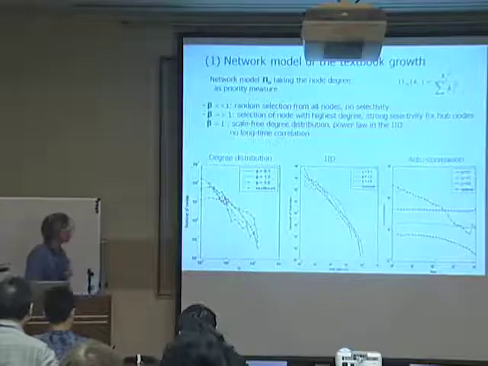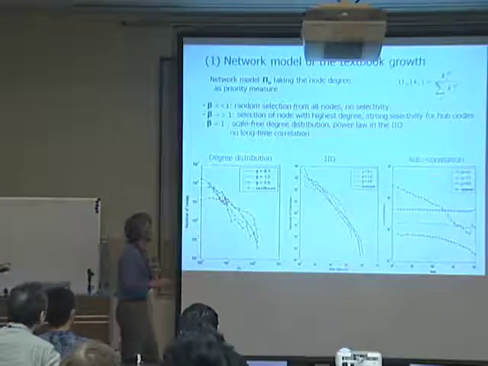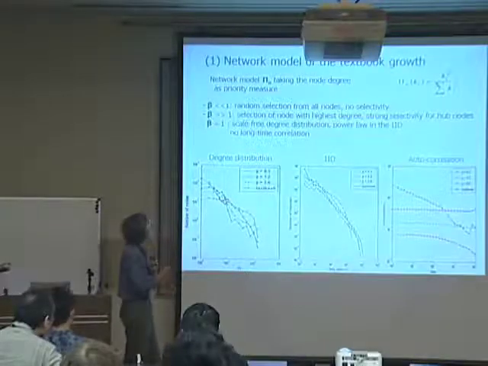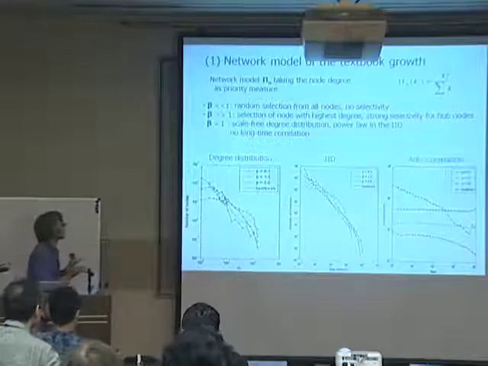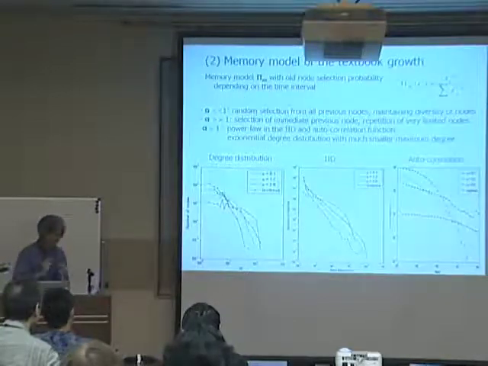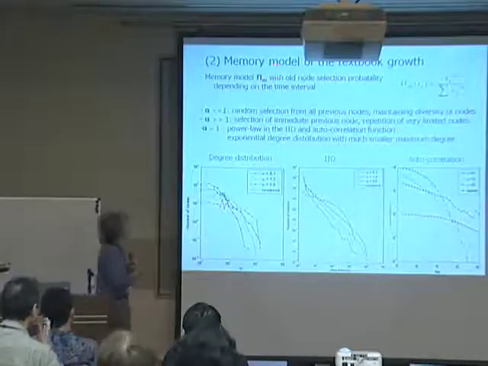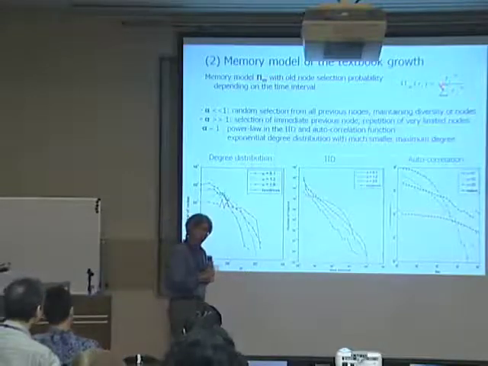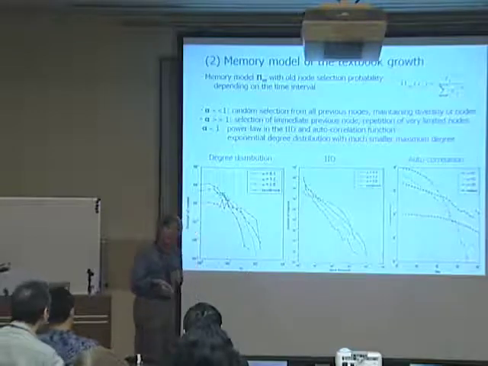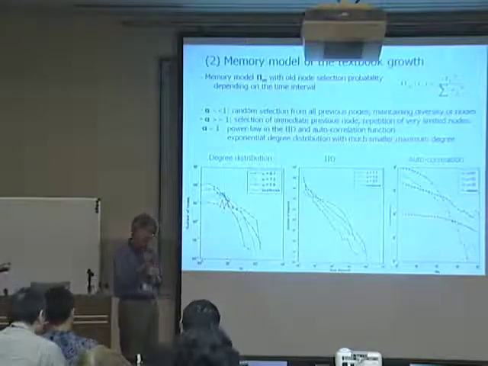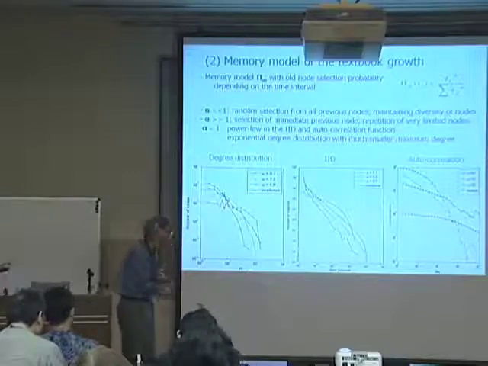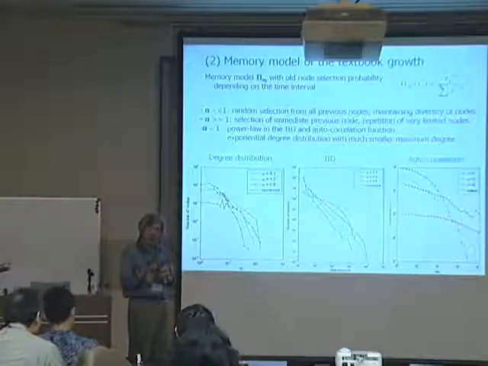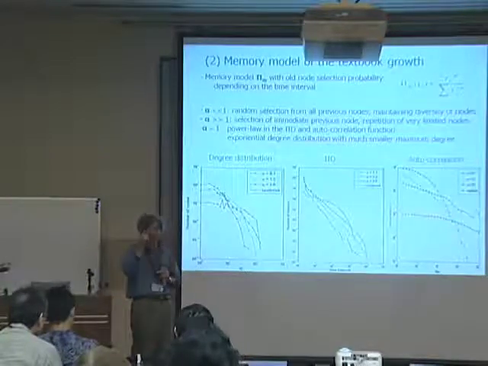In this case, the problem is that it does not show any time correlation. This is a textbook, and this is the result of the network model. It does not provide any time correlation. So in the memory model, the selection probability depends on the time interval between the present sentence and the previous one. The selection probability of the most recent one is higher.